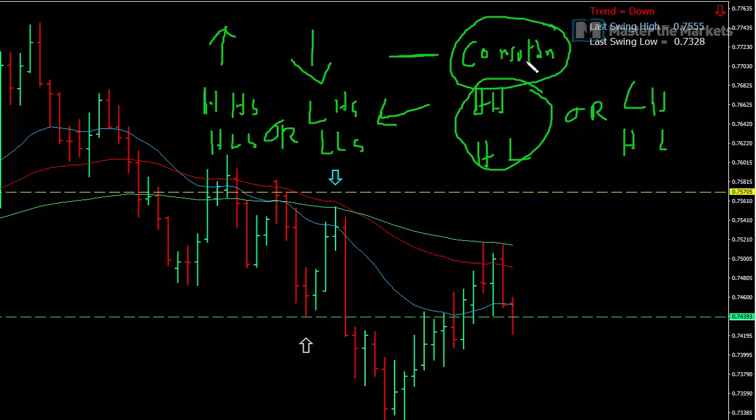Okay, so according to this definition, you can quickly see the importance of one point that you must know. That one point must be defined so that you can consistently measure if the market is in an uptrend or a downtrend. So how do we measure that? Let's take a look at the definition of the trend itself.